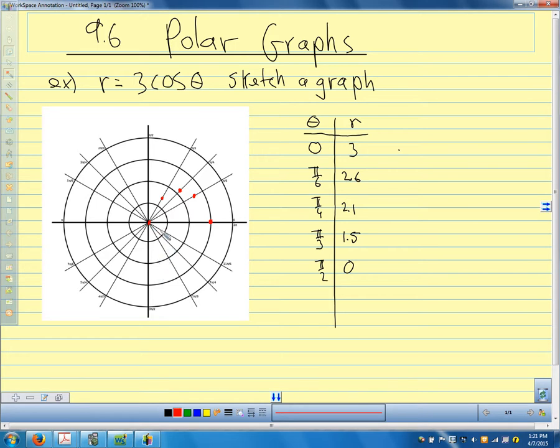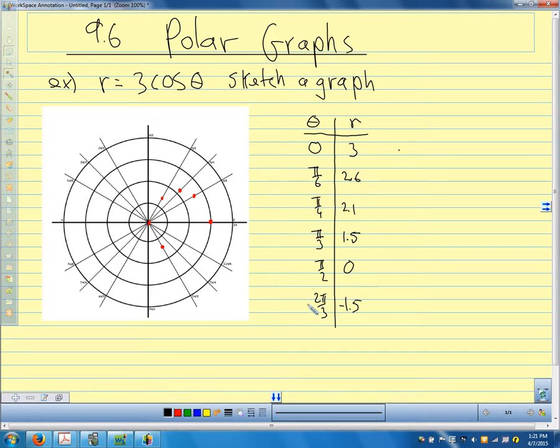And then we can keep going. So we have part of it. I'm going to plug in 2 pi over 3. When theta equals 2 pi over 3, my radius ends up being negative 1.5. So here's 2 pi over 3, and there's 1.5, but I go the opposite direction, so I go to here.